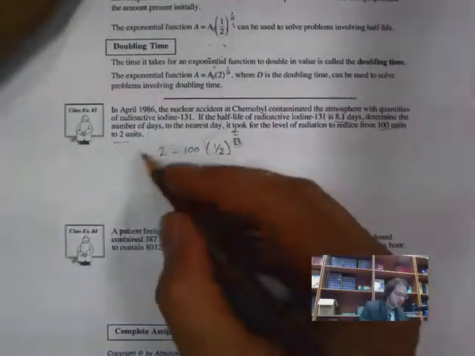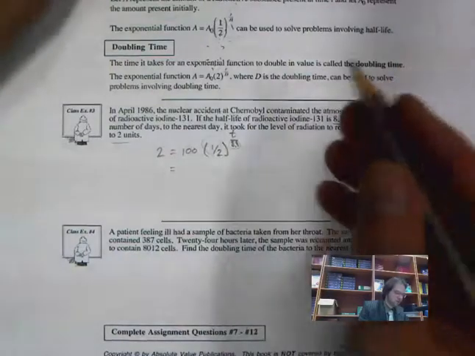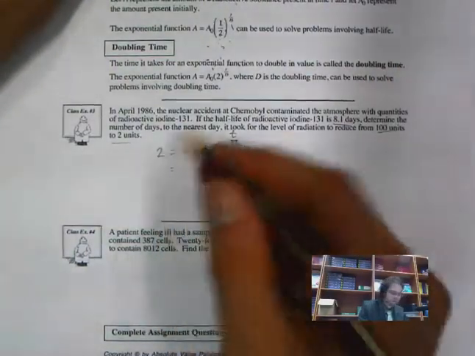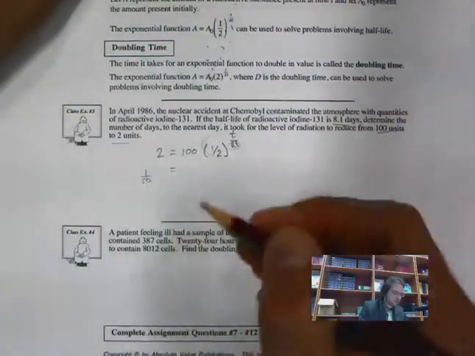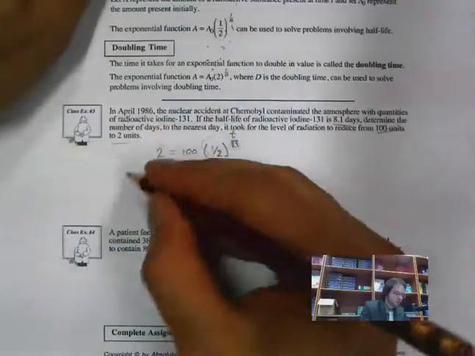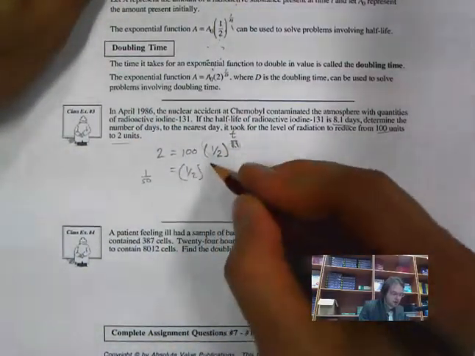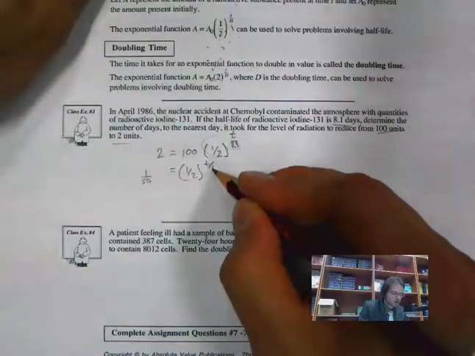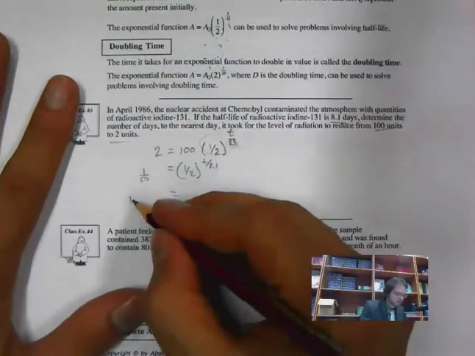And I'm going to end up getting 2 divided by 100. Well, that's going to be, let's see here, 1 over 50. Okay? Which is 2%, or 0.02 if we want, is equal to 1 over 2. And I have t to the t over 8.1. Now I'm going to log both sides.